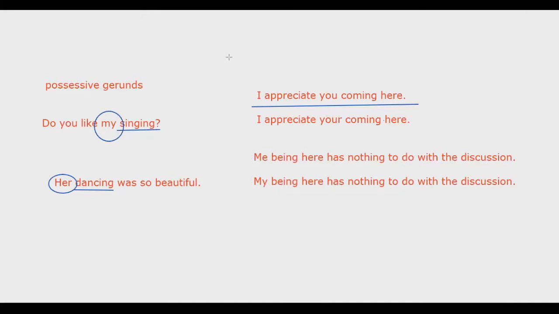Okay, so here, the first one is more common, but it's technically not precise because you don't use me like that. If you isolate the being here, take it out of the sentence, then you just have me. But that's not quite right, because me can't be a subject. So it should be my being here instead of me being here, because being here belongs to me. So I use my.